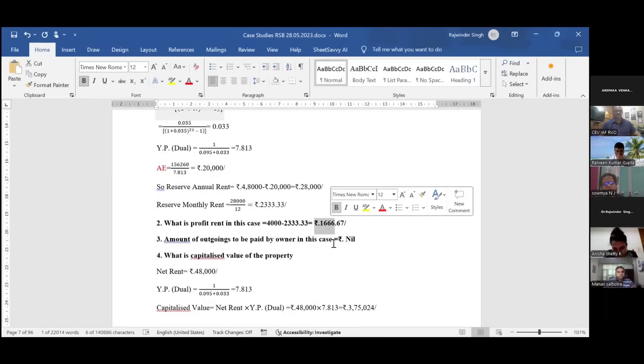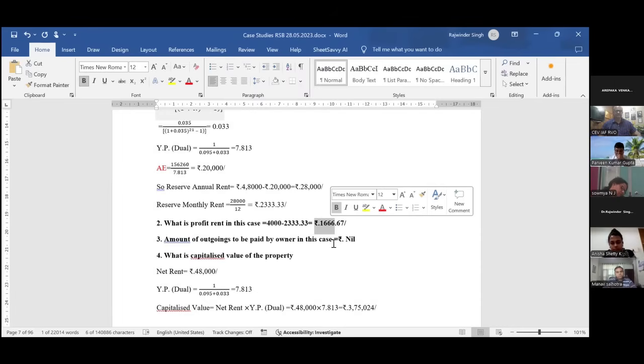Is it clear now? Any doubt? So what is the purpose of premium? The purpose of premium is to reduce the rent. But it doesn't mean that the rent will actually be reduced.